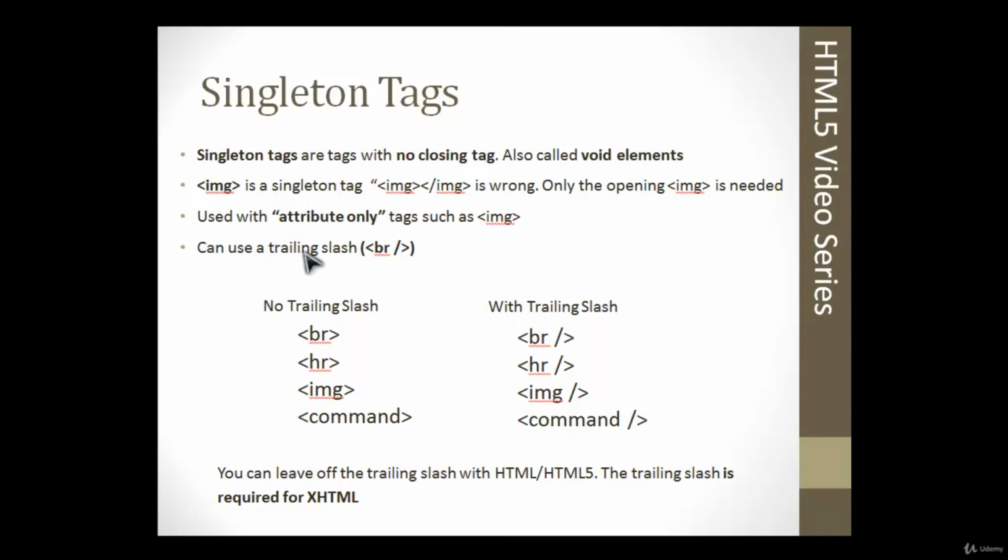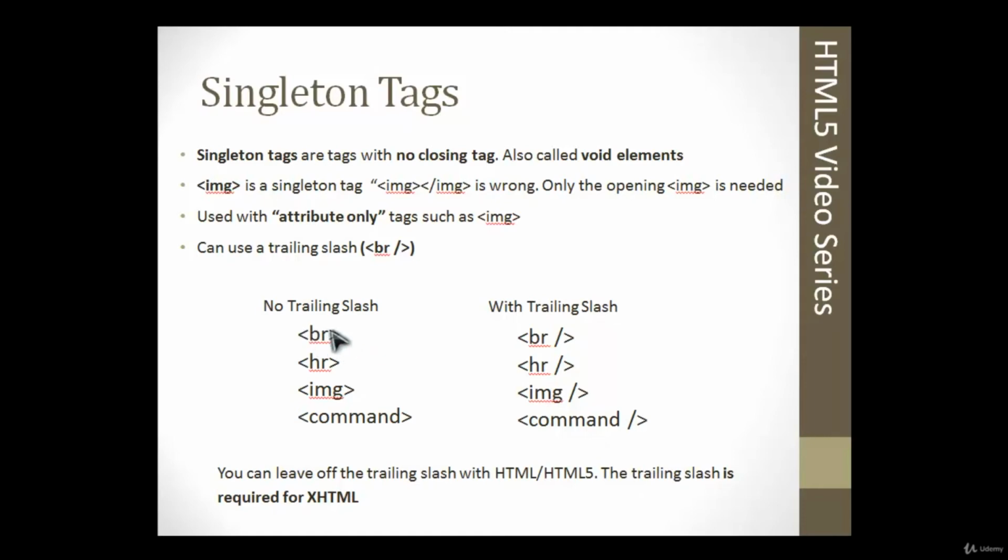They can use a trailing slash in HTML. If you're writing XHTML, then the trailing slash is required for it to be valid. But in HTML, HTML5, you do not need it. It's usually not used, but it doesn't hurt your document if you do use it. And here we have some examples of tags without a trailing slash.